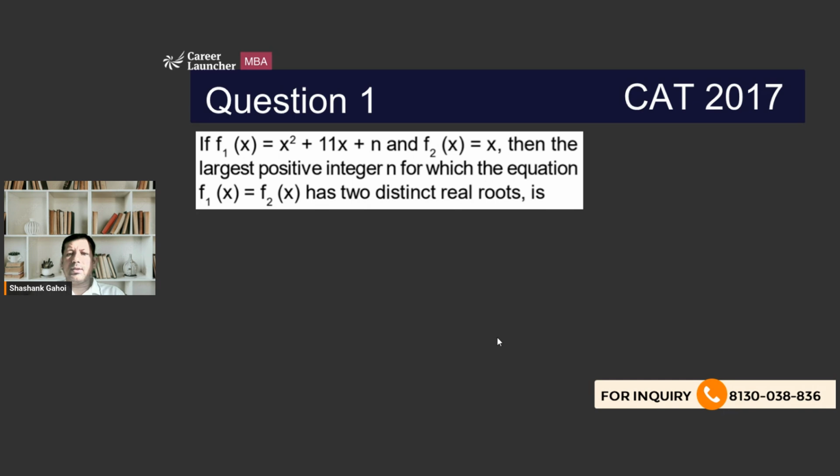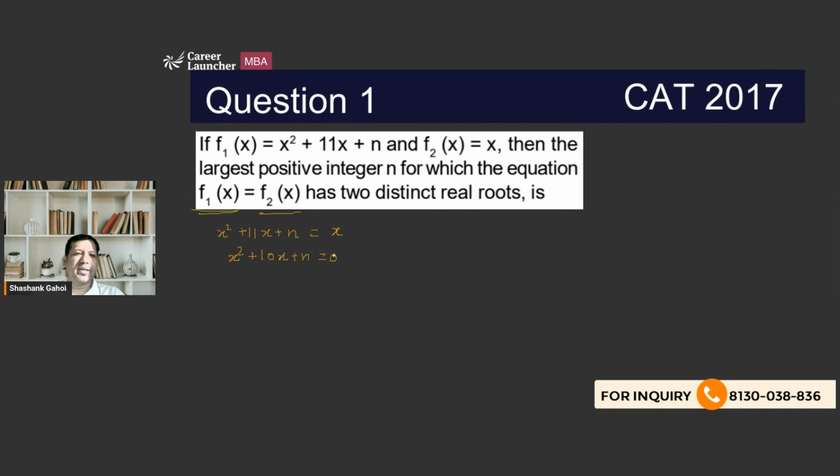Fair enough. f1 of x is x square plus 11x plus n, and f2 of x is equal to x itself. So I can say it is x square plus 10x plus n, and that's equal to 0.